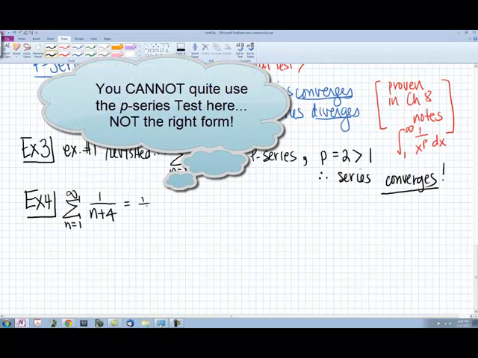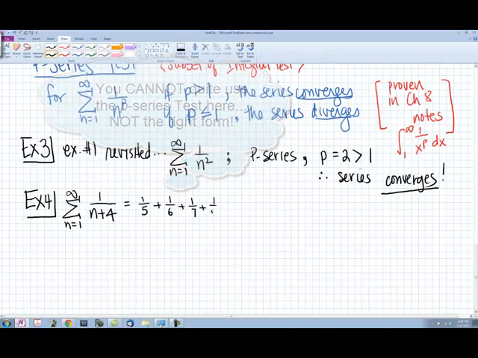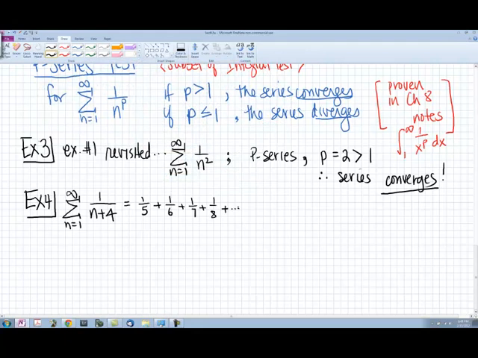Now, what if we had a series and it looked like this, 1 over n plus 4. This is really 1 over 5 plus 1 over 6 plus 1 over 7 plus 1 over 8, and so on. This is the exact same thing as saying I have 1 over n, but where am I going to start my series? I'll start my lower limit at 5. Now think about it.